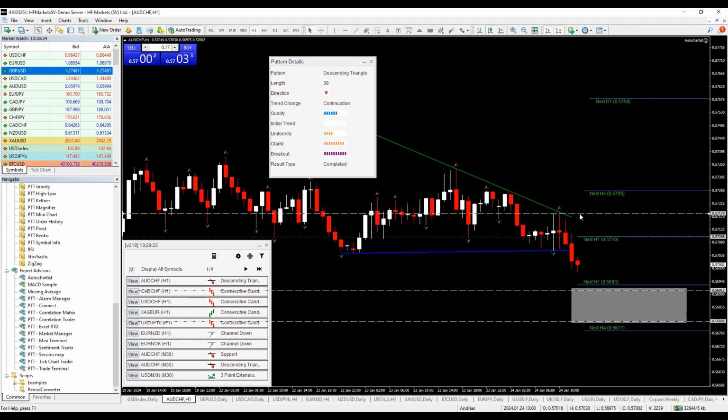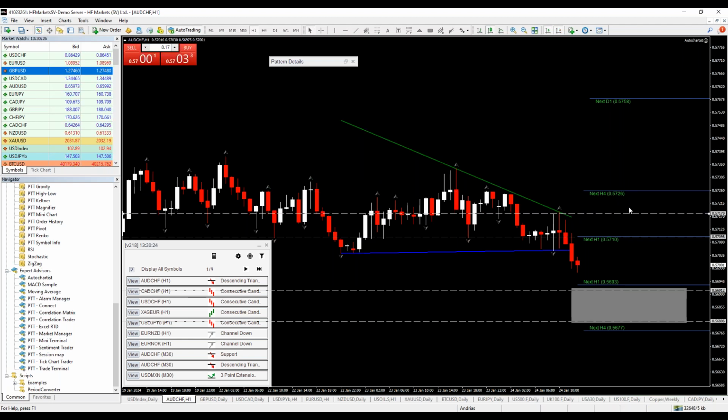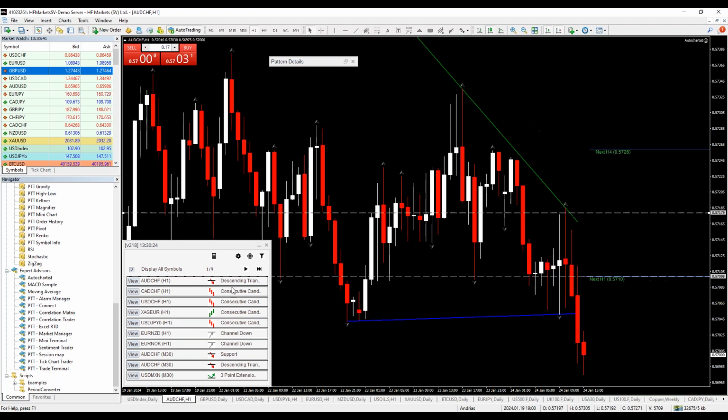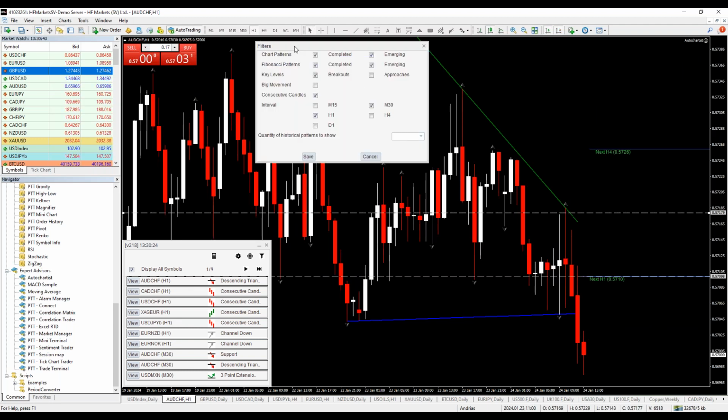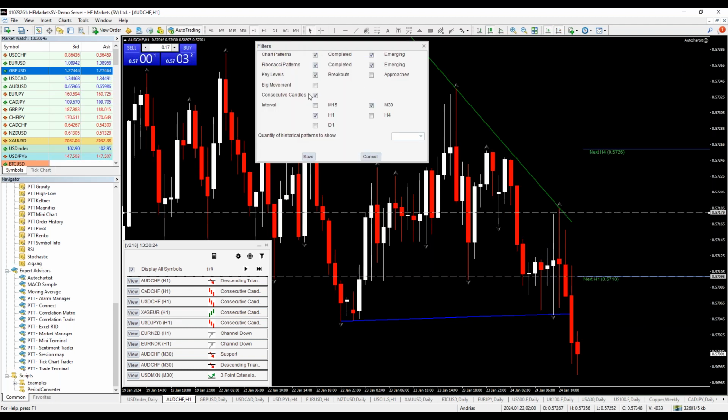Depending on the time frame, you can measure the distance between the first resistance and the second and choose to set your stop loss at the middle of it, or as I said, at the resistance level. It's up to you whether you want to see completed patterns, emerging patterns, and so on and so forth.